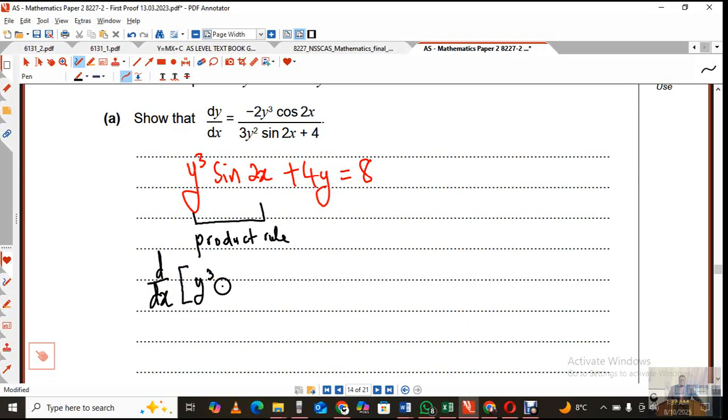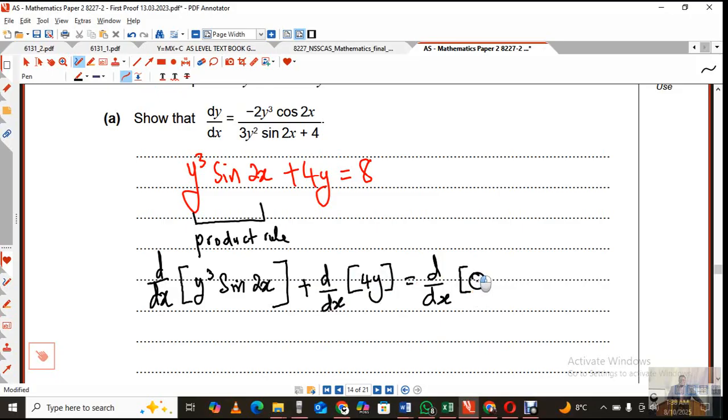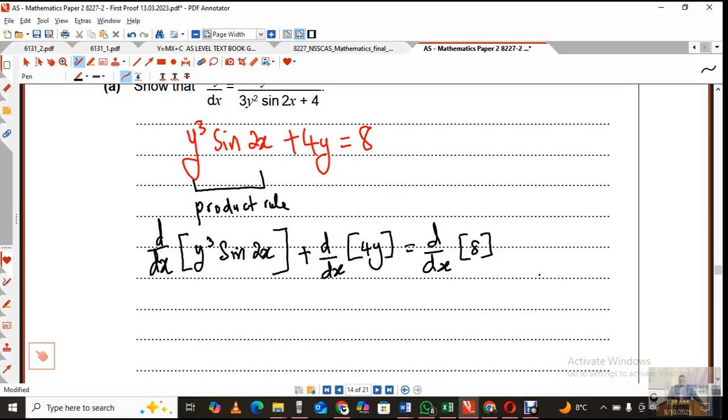So this is d by dx of y cubed sine 2x, I can separate them if I want to, plus d by dx of 4y. You don't have to do what I'm doing here, but I find it easier, especially if I have the product and or quotient rule and chain rules to apply.